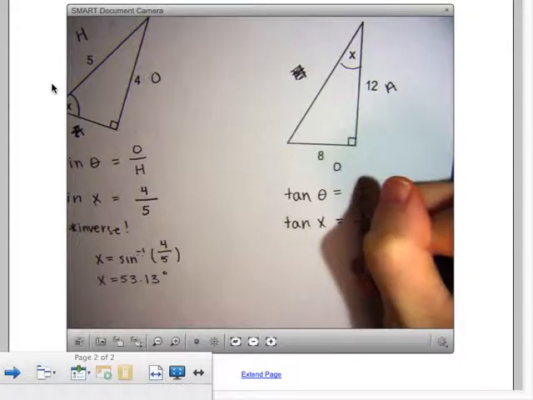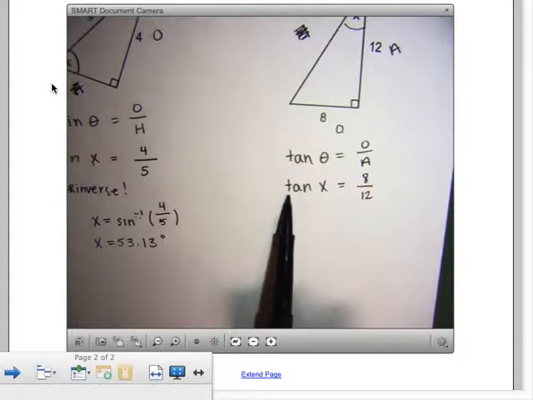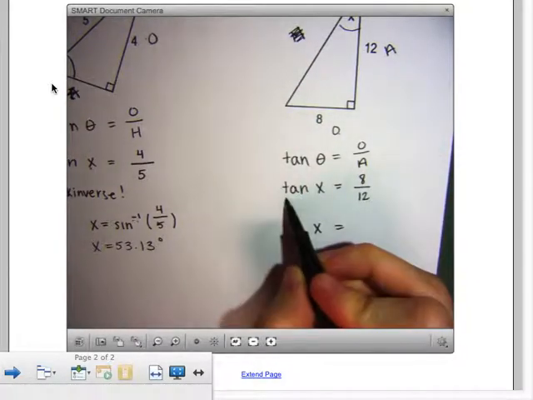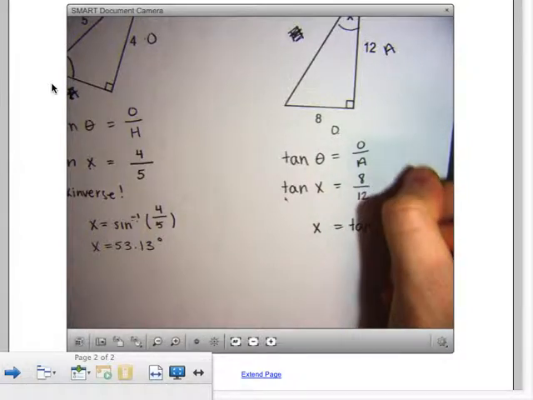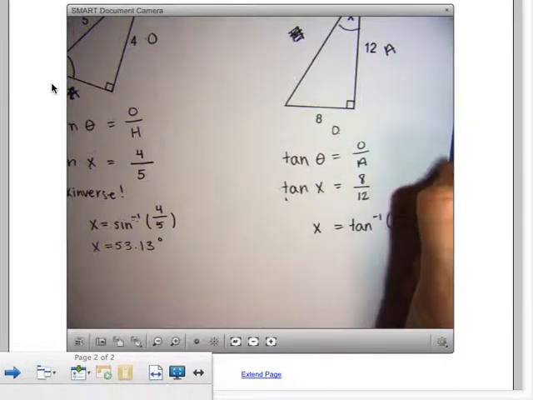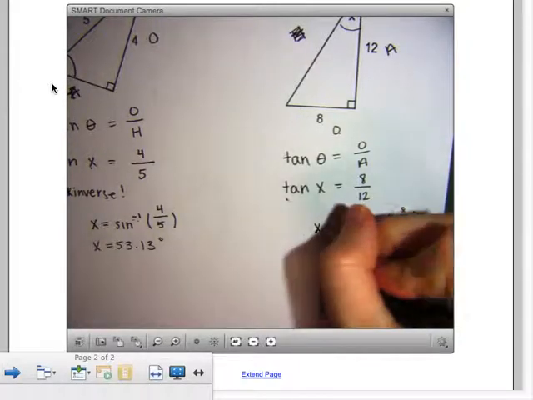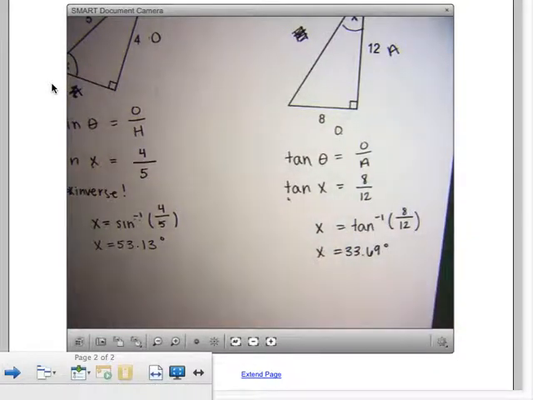A is equal to 12. So again, X is with the trig function. So I'm going to keep X on the left-hand side, but I need to get tangent to the right-hand side. So now I'm going to have tangent to the -1 of 8 over 12. So in your calculator, plug in second tangent, 8 over 12. Then we get 33.69 degrees.